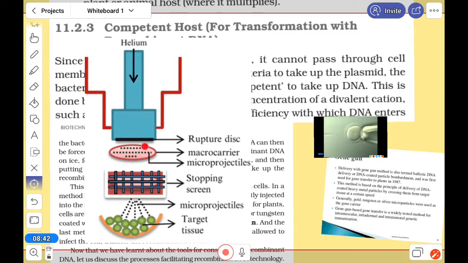The force will be applied so that it gets inside the target tissue. So this is a kind of gene gun.